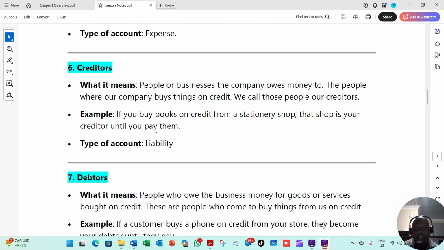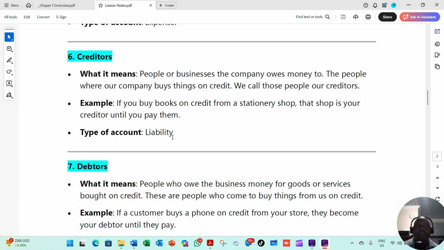And then we have creditors. Creditors are the people or companies to whom we owe money. Yes, so these are the people that we buy from on credit, so we owe them money.